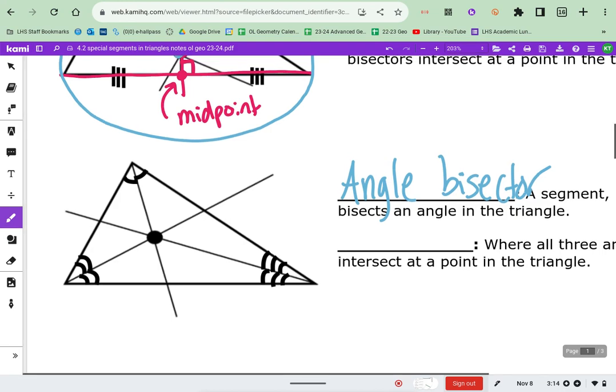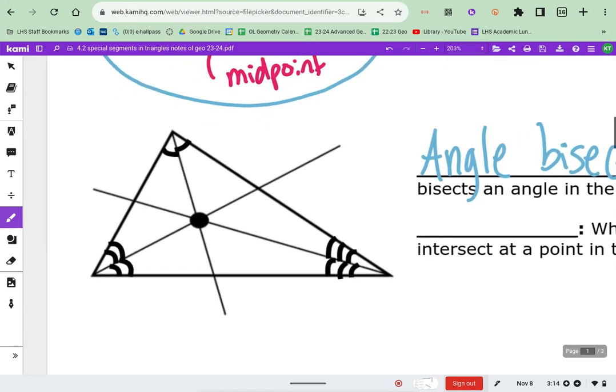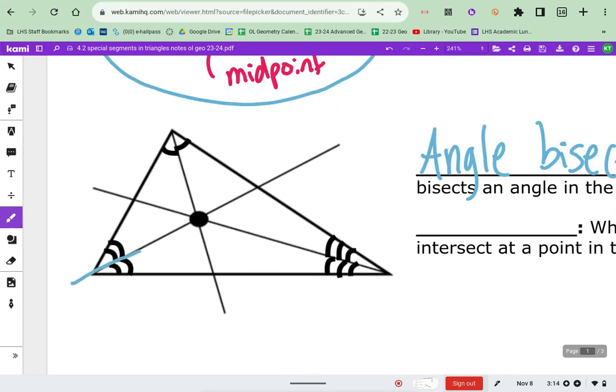All right, so you can tell it's an angle bisector because each of these lines is cutting an angle in half, and we can tell that because there are little congruency marks on either side of the line that show that the left half of the angle is equal to the right half of the angle, and so forth. And then all of your angle bisectors also intersect at the same exact spot, and we call that spot the incenter.